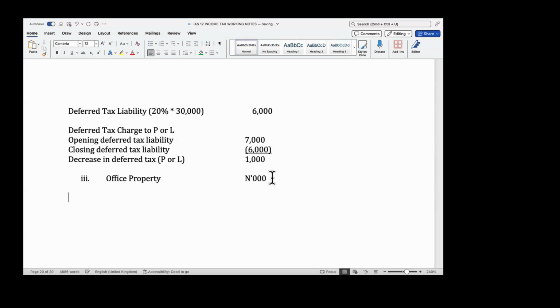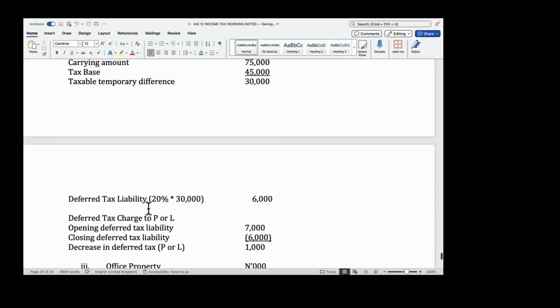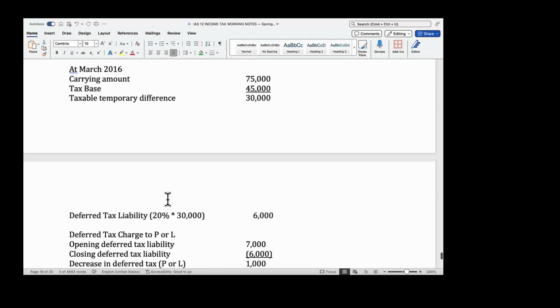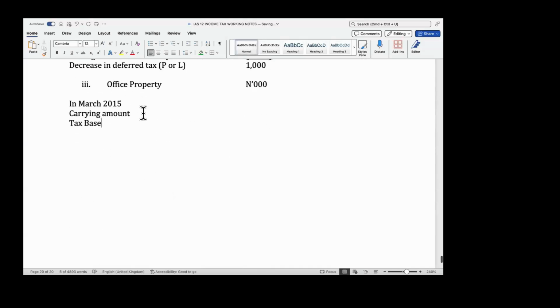So in March 2015, what was the carrying amount of this office property and what was the tax base? In 2015, we were given it on a platter. We were given the carrying amount to be 40 million and the tax base to be 22 million. So 40 against 22.